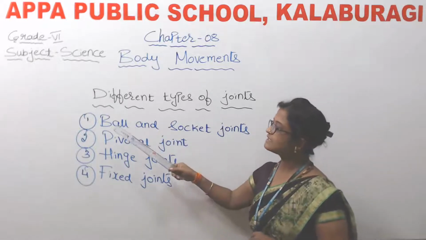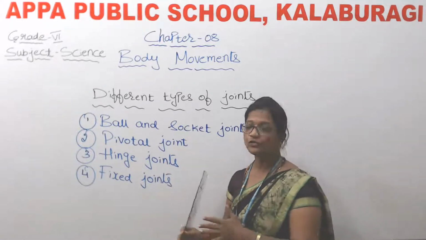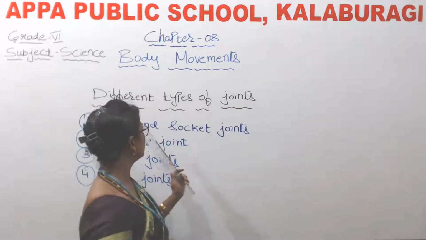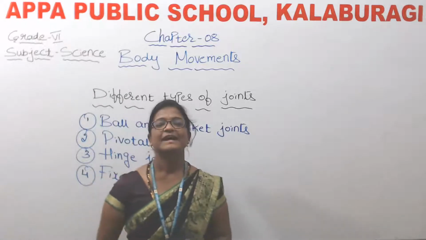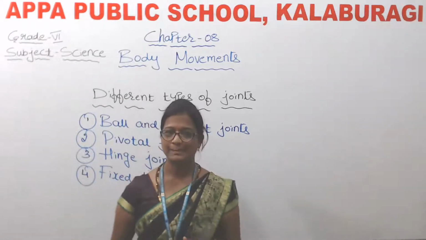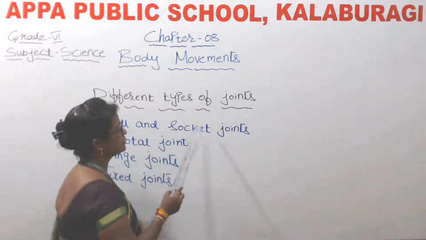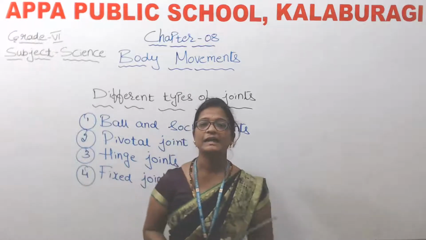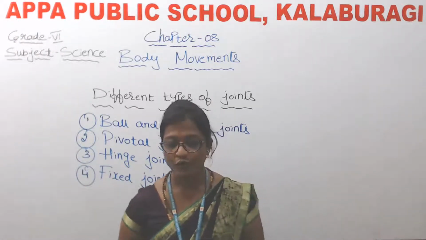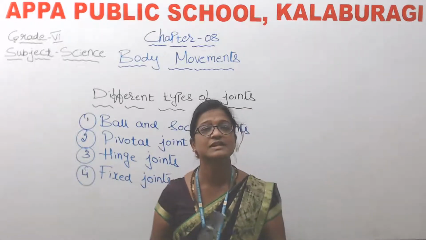We have also discussed ball and socket joints, isn't it, children? Where do we find these types of joints in our body? Where do we find ball and socket joints? Exactly, in the shoulder and hip. Because of ball and socket joints, we are able to move our arms, move from one place to another, and even sit and stand.